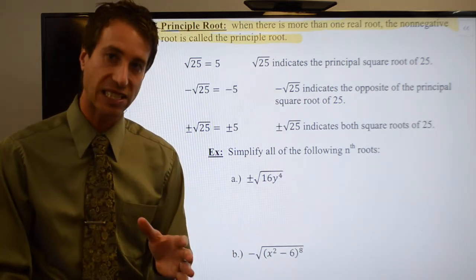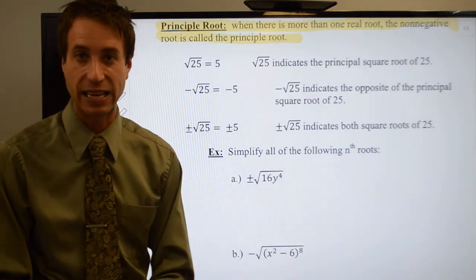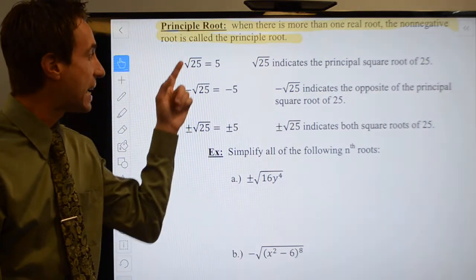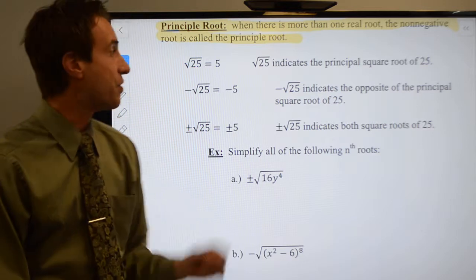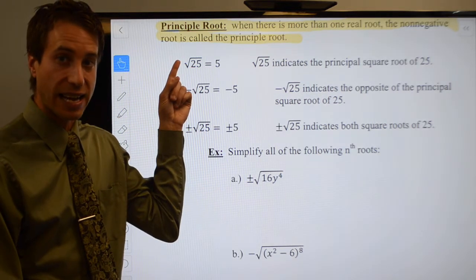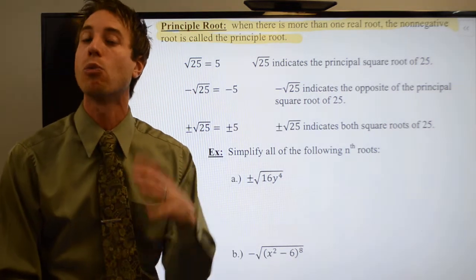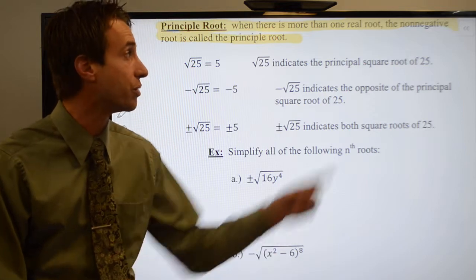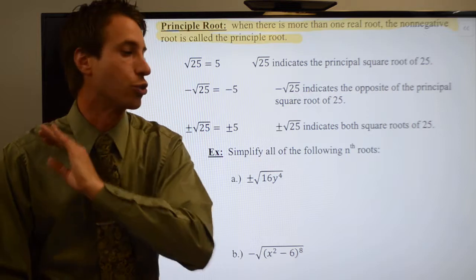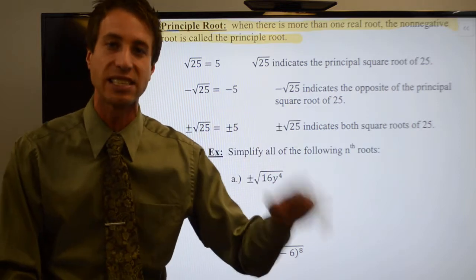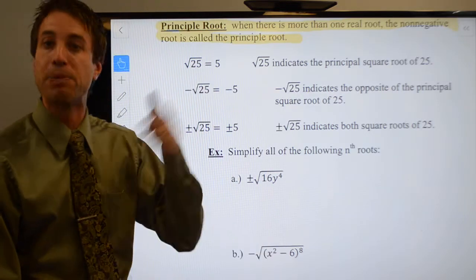Do I want the positive root or the negative root? And I'll do that by indicating to you which one I want. If there's no sign out front, that means I want what is known as the principal root, the non-negative root.